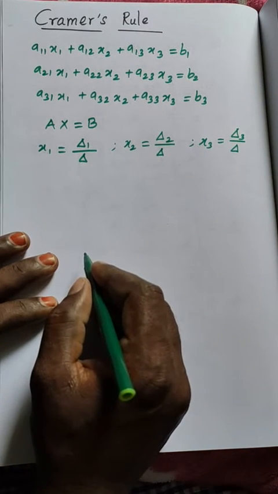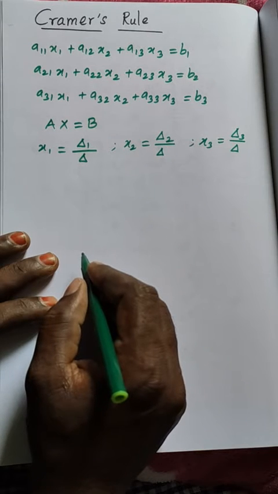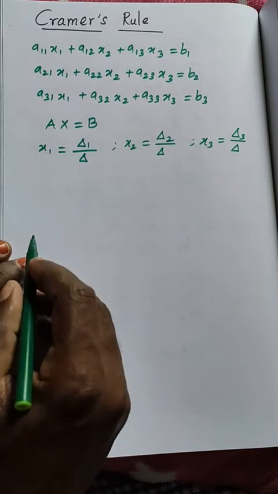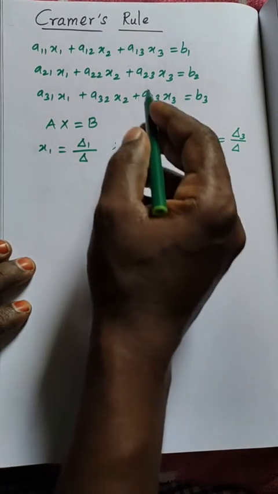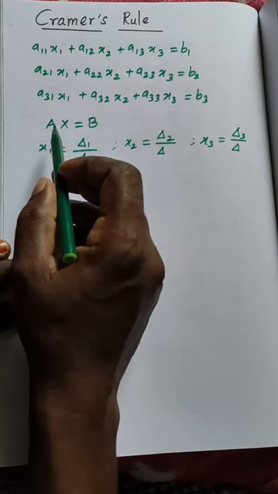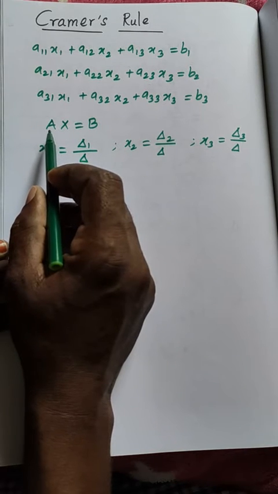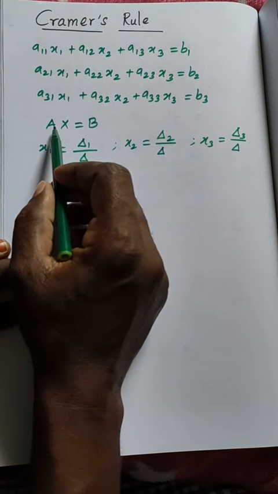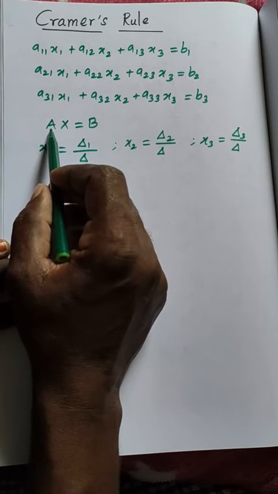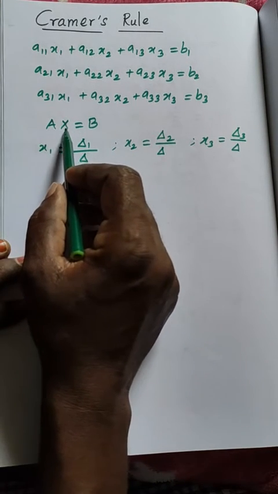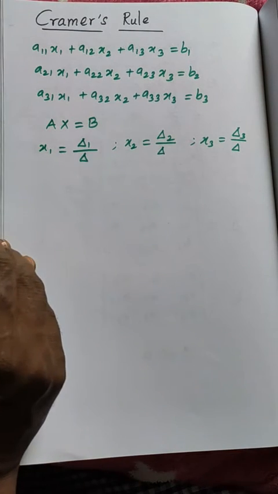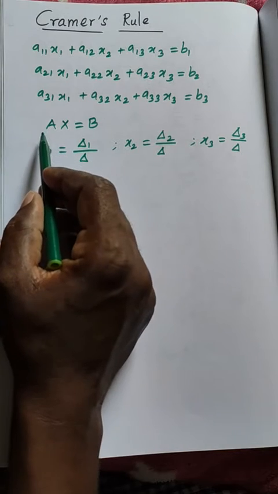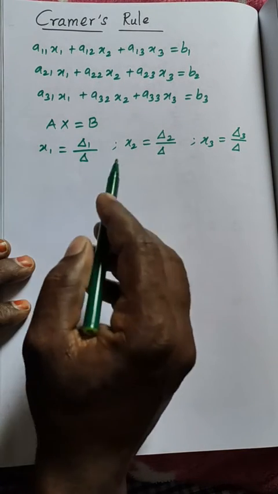Then what is delta? Delta 1, delta 2 and delta 3. Delta is nothing but the determinant form of the coefficient matrix. Listen, this is the coefficient matrix, the variable matrix and the constant matrix B. Then the coefficient matrix A is taken in its determinant form as delta.